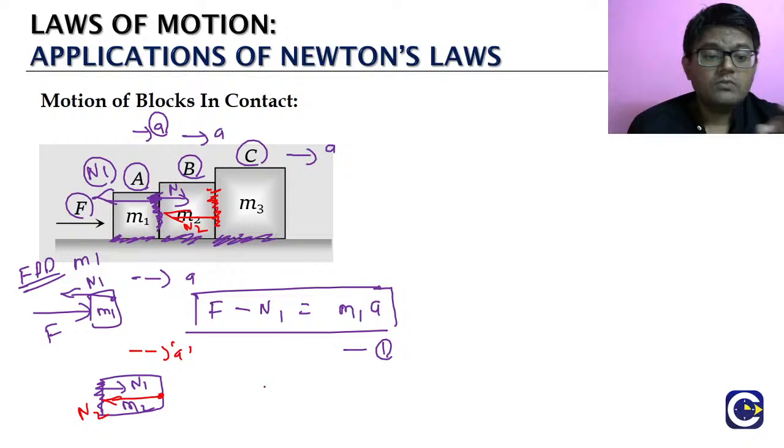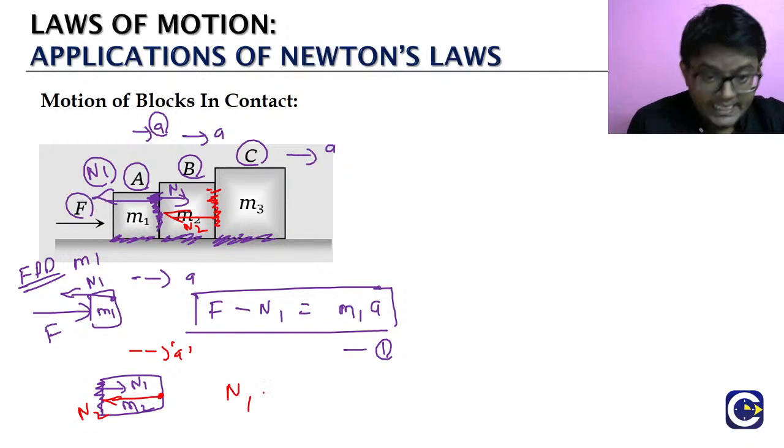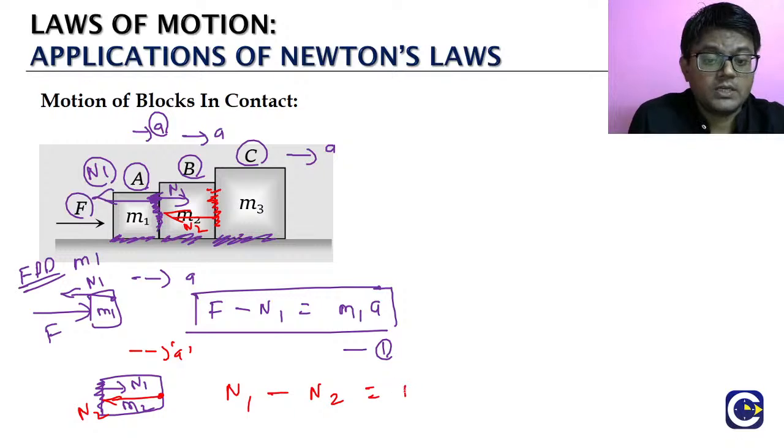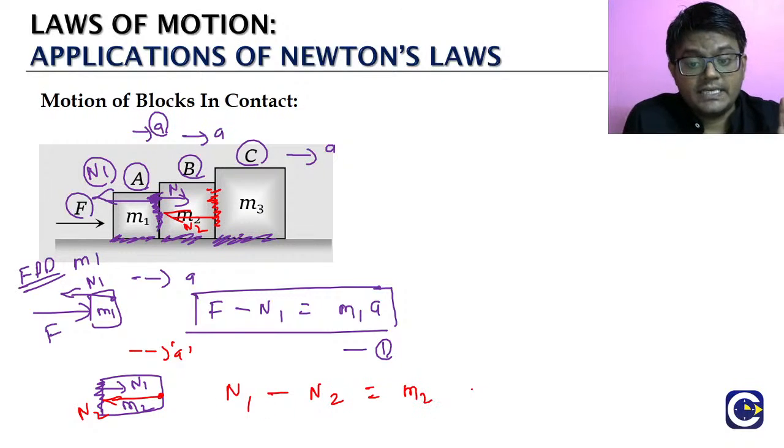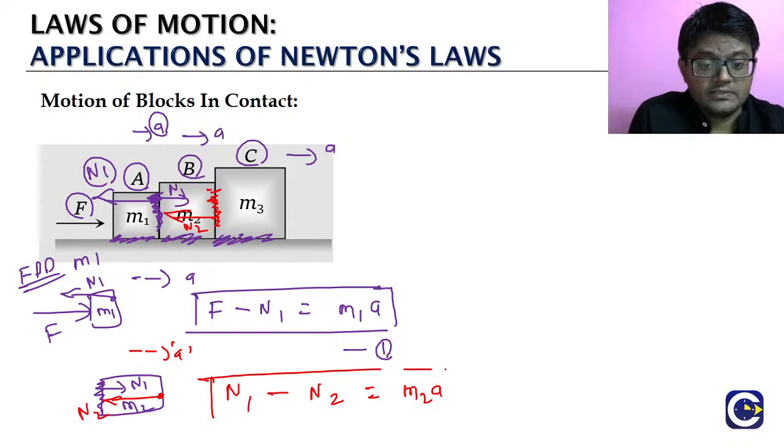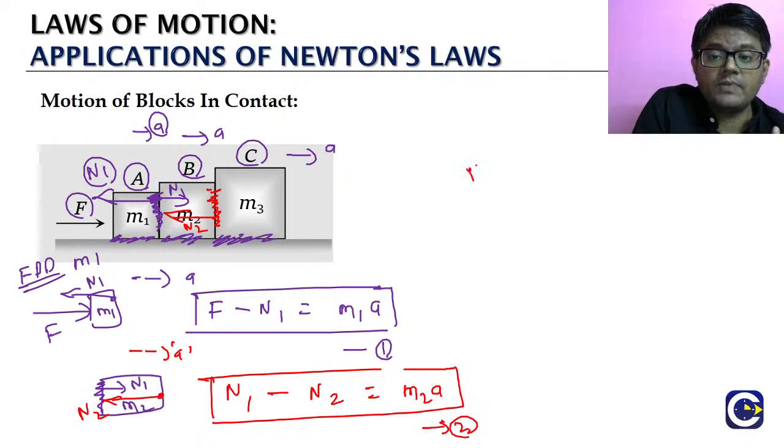Means we have to find the net force towards the right side. Right side ல இருக்கிற force n1 minus left side ல இருக்கிற force n2. Okay va? So n1 minus n2 is equal to what? Mass of that object, m2 into அதோட acceleration. Okay va? So let us keep it as equation 2. அதுக்கப்புறம் we will go to the free body diagram for this m3.